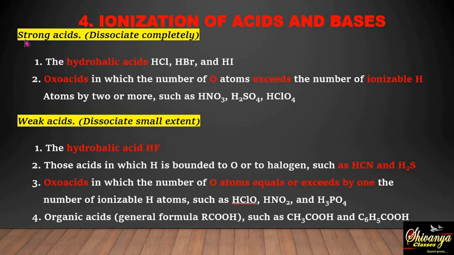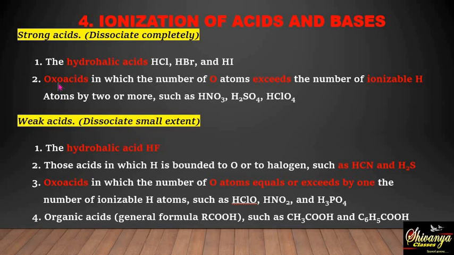Here we will discuss the examples. The examples of strong acids: first is hydrohalic acids, HCl, HBr, HI. Hydrochloric acid, hydrobromic acid, hydroiodic acid, or hydrogen chloride, hydrogen bromide, hydrogen iodide. From the halogen derivatives, one remaining, that is fluorine, HF, is a weak acid. The remaining 3 are strong acids.